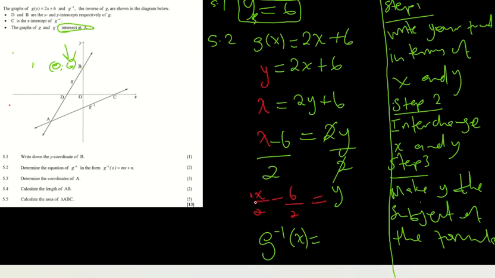There is 1 next to this x, so this is the same as 1 over 2 x, and minus 6 divided by 2 is the same as minus 3. So now this is what the question was looking for.